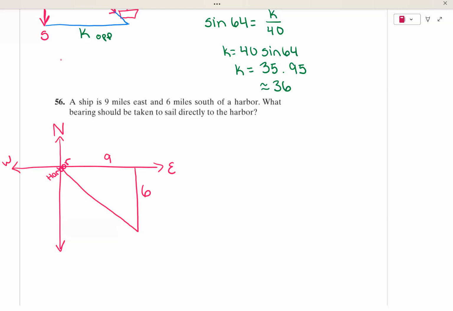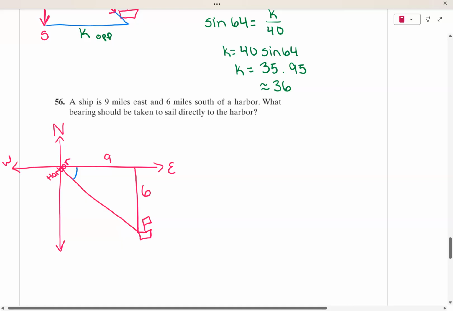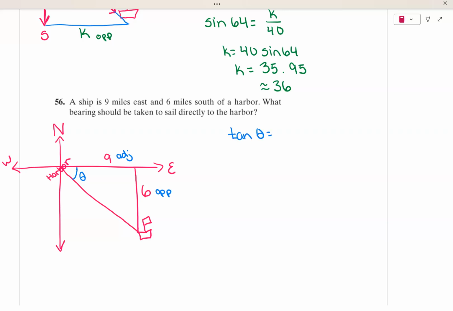So we have the ship right here. Okay, so we've got to figure a few things out here. First of all, that makes a triangle, so we're able to figure out what degrees that is. Let's just call that theta. So this would be opposite, and this would be adjacent, so we're looking at tan. We would need to do the inverse of tan to get that.